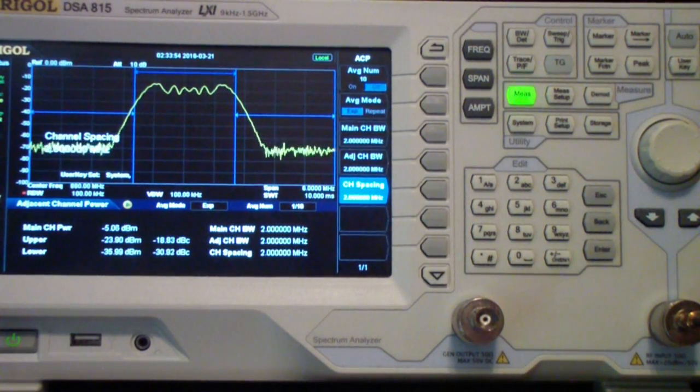And my recollection is that the advanced measurement function on the Rigol costs about $800. So it adds substantially to the price of the instrument. Remember that the Instek that I was looking at earlier, I think I only paid $900 for the whole instrument, and it includes adjacent channel power ratio as well as occupied bandwidth, so I didn't have to pay any extra.